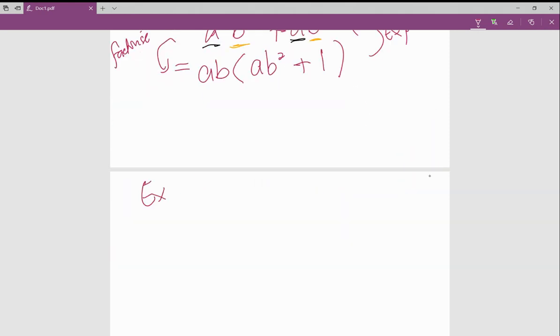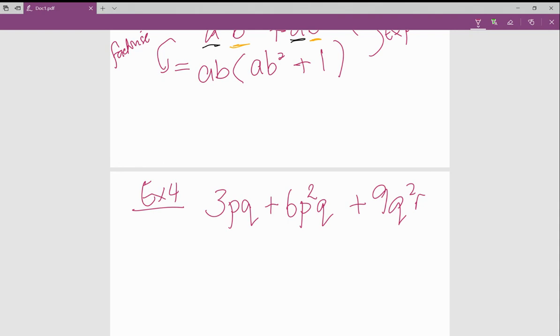I'm going to give you another example, example 4, but this time involving more than two terms. For example, 3pq plus 6p squared q plus 9q squared r. I introduce another term.